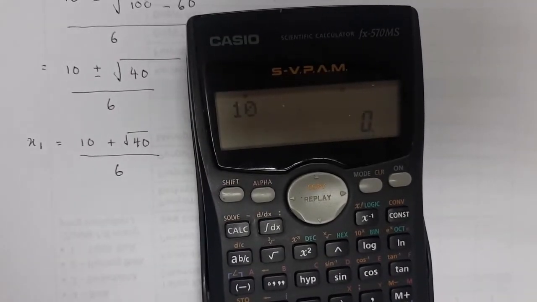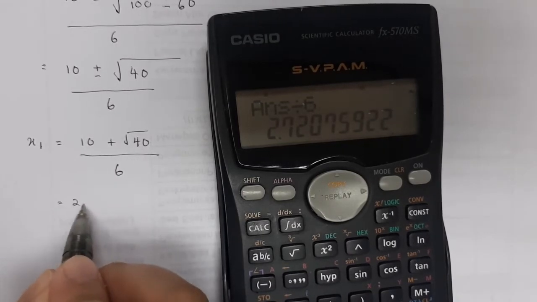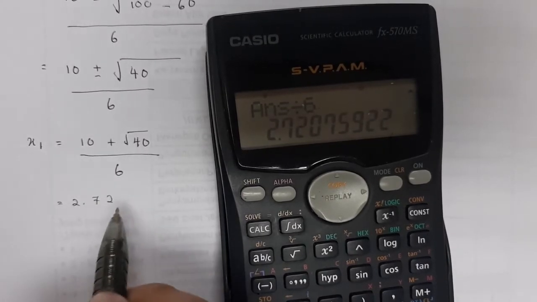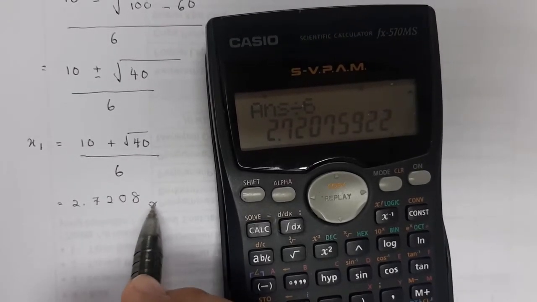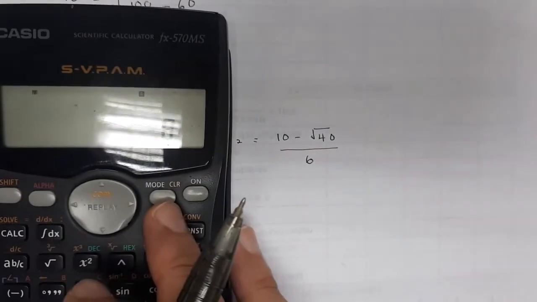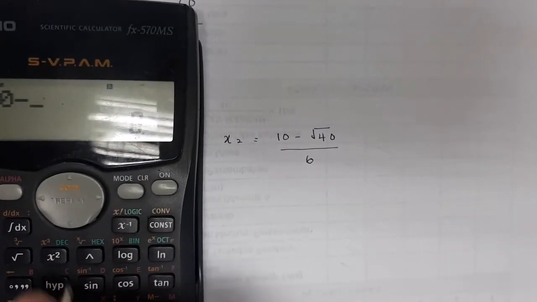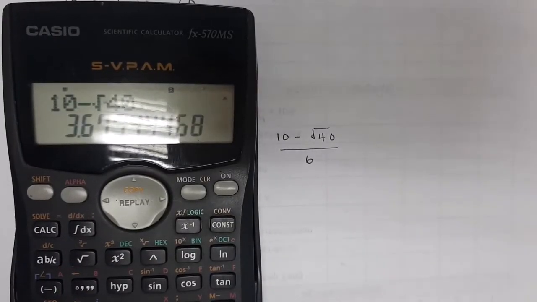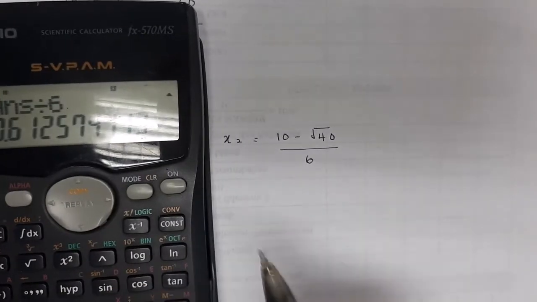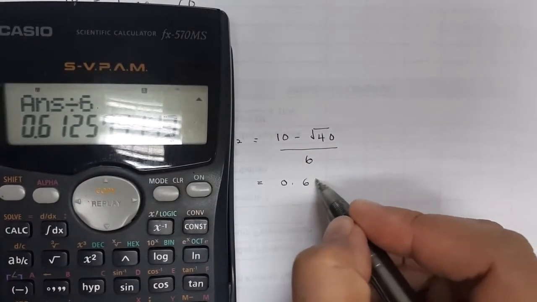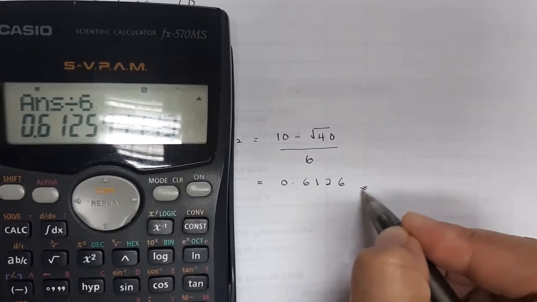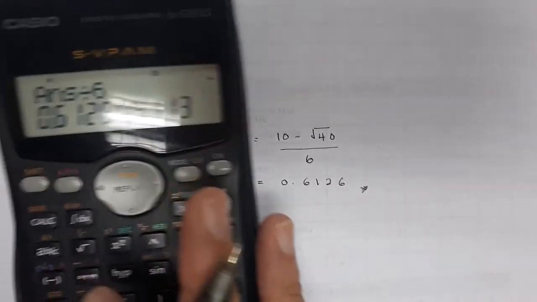So 10 plus square root 40 divided by 6 equal 2.7208. Okay, we can stop at 4 decimal places. Let's find x2. 10 minus square root 40 divided by 6. So x2 equal 0.6126. Okay, we also stop at 4 decimal places.